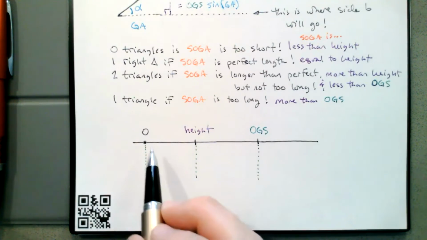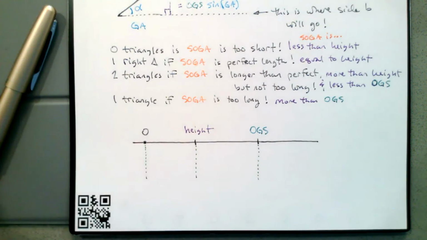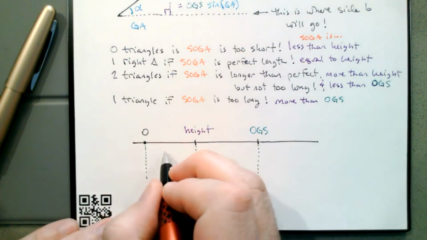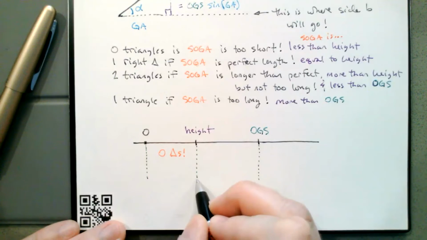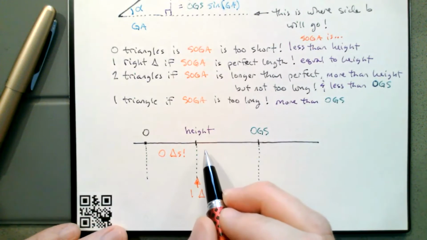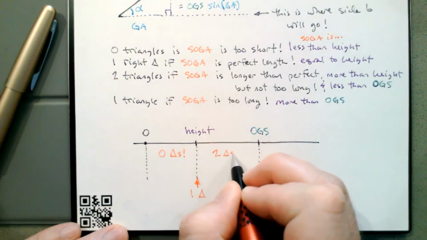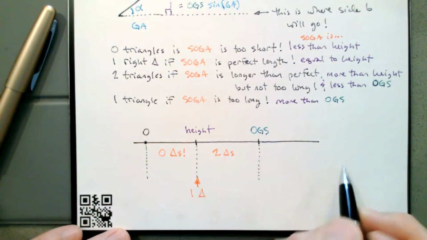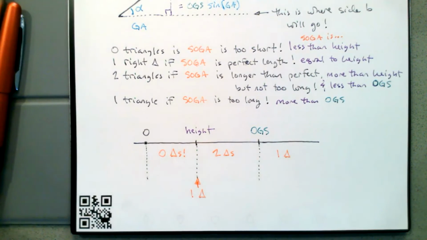If the side opposite the given angle is between 0 and the height, we get 0 triangles. If we're exactly equal to the height, we get 1 triangle. If the side opposite the given angle is between the height and the other given side, that's when we'll have 2 triangles. And if the side opposite the given angle is greater than the other given side, we're back down to 1 triangle. We can always calculate the height by taking the other given side and multiplying by the sine of the given angle.